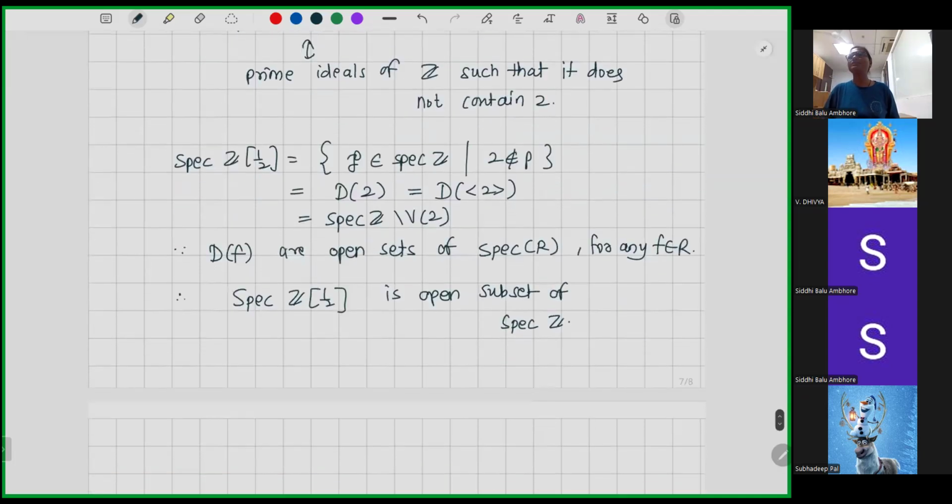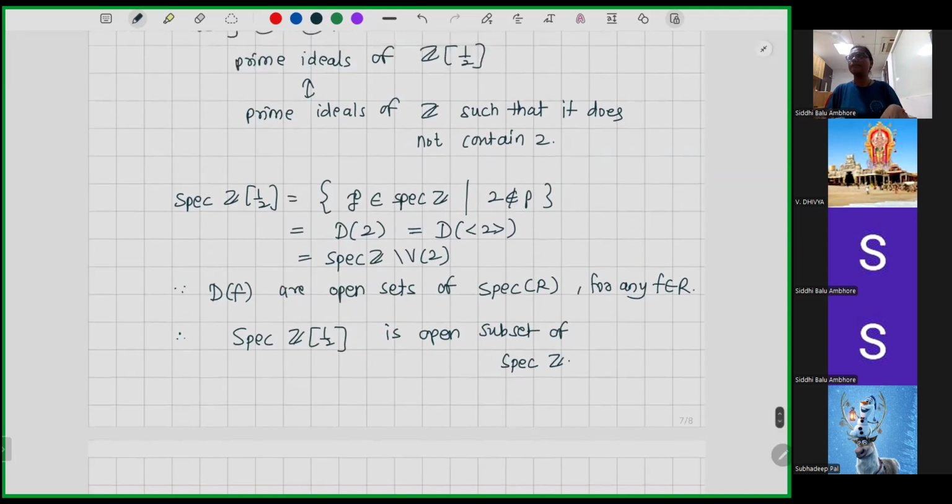Okay, and as Shubhadeep said, all the prime ideals in Z, which are generated by 2, 3, 5, 7 and so on, are prime ideals in this. In fact, 0 is also a prime ideal here because this is an integral domain.